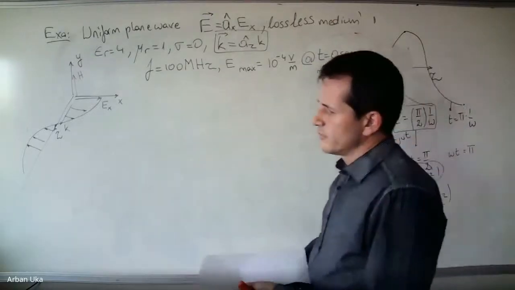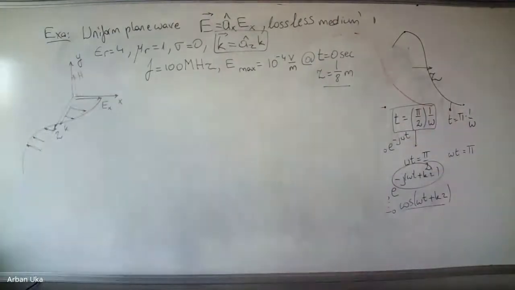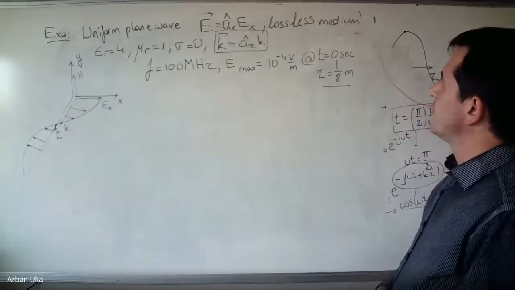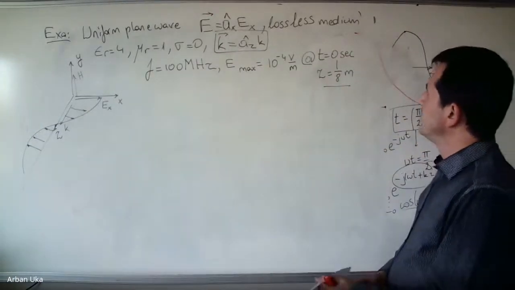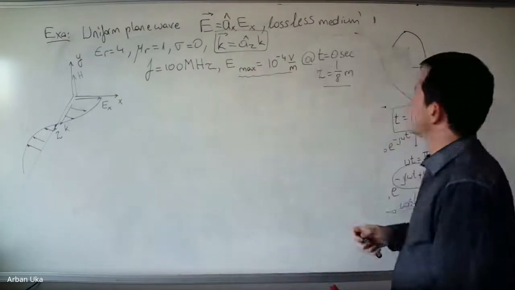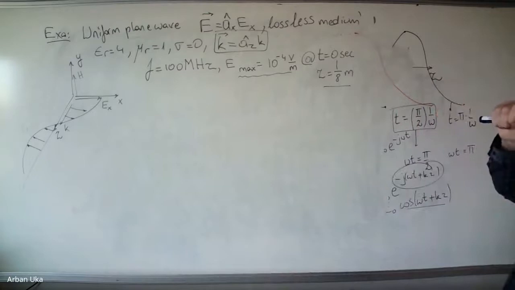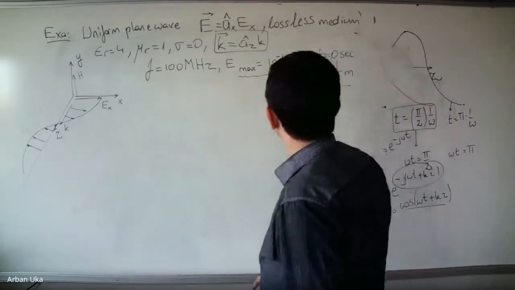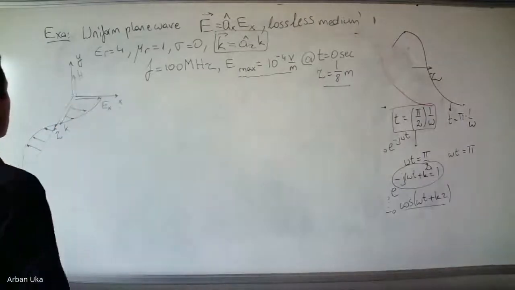Okay, so let's assume these given parameters for this wave. We are given a frequency of 100 megahertz. We have the magnitude of the electric field, which is 10 to the power minus 4 volt per meter. And this amplitude is, let's say, at t equal to 0, at z equal to 1/8.